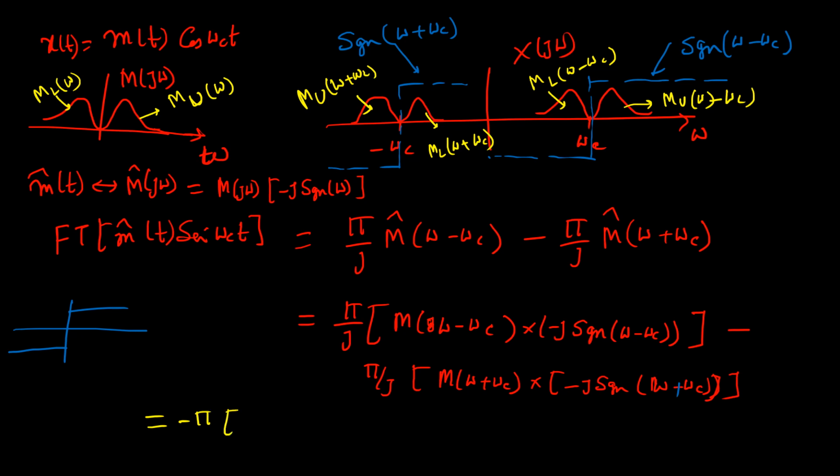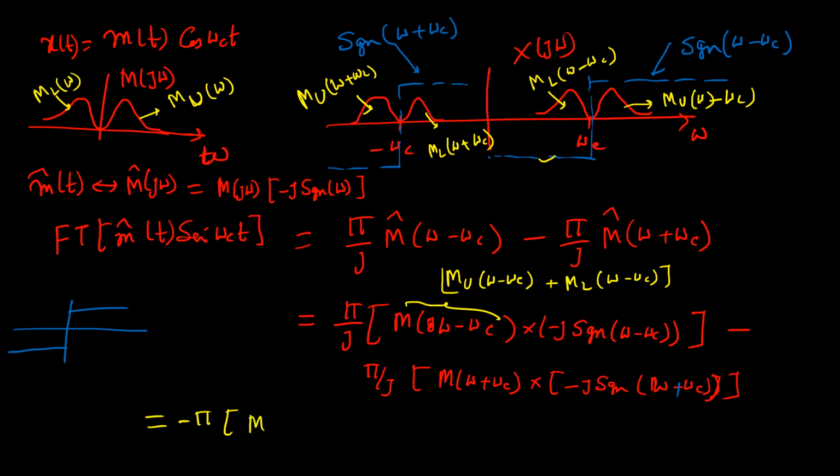Now this one is replaced by M_u of omega minus omega c plus M_l of omega minus omega c. Okay, in that case, when this is multiplied with the signum function, it is plus 1. But when this is multiplied with the signum function, it is minus 1, because this is the minus 1. So what will you get?